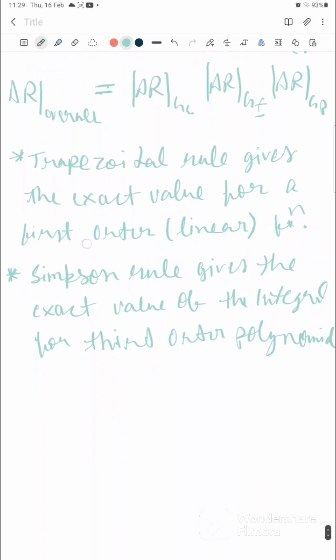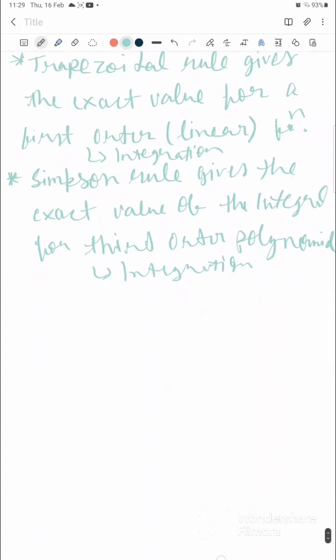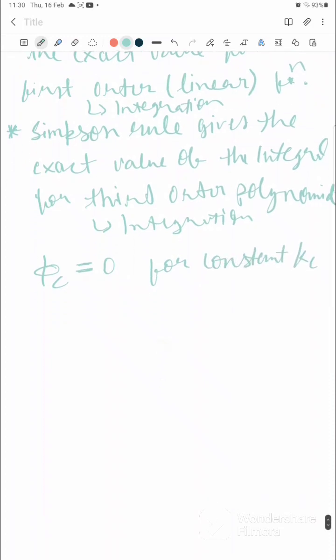For integration, when we do integration, phi c is equal to 0 for constant Kc.